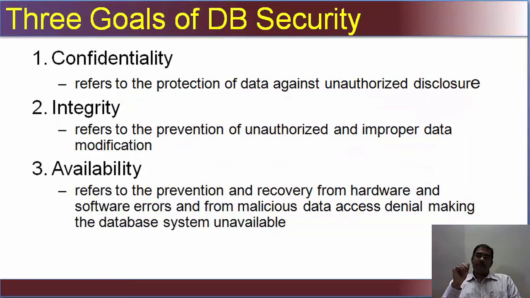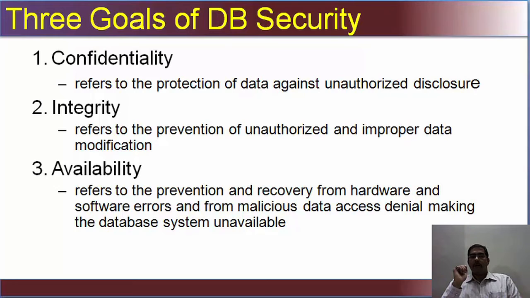So, but what are the goals of database security, or three goals of database security? We have seen over and over again in this course. CIA, confidentiality, integrity, availability. The same goals apply to database security also. Now, in this context, confidentiality refers to protection of data against unauthorized disclosure.